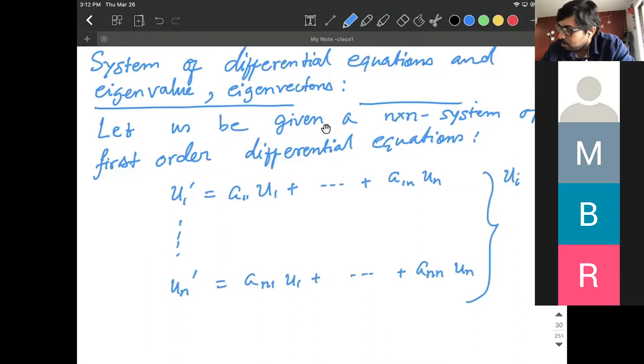Remember that ui prime is simply dui dt. So t is the parameter and ui is a function of t. So this is a first order linear system of differential equations. Almost like a linear system of equations, just that you have differential equations.